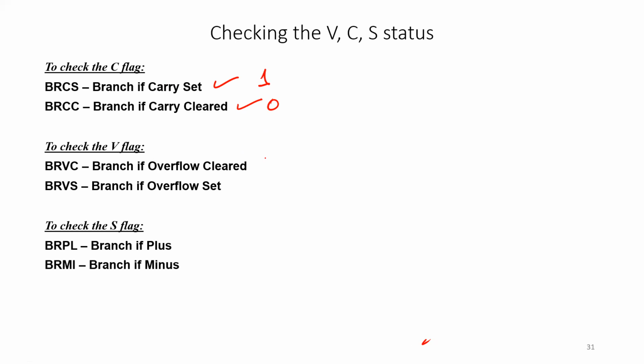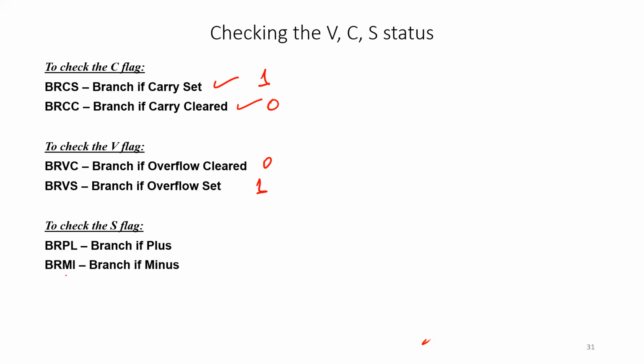For the V flag, we have also branch if V is cleared, which is in case of active low, and branch if V is set, which is active high. Also for the S flag, it is referred to here as PL and MI.